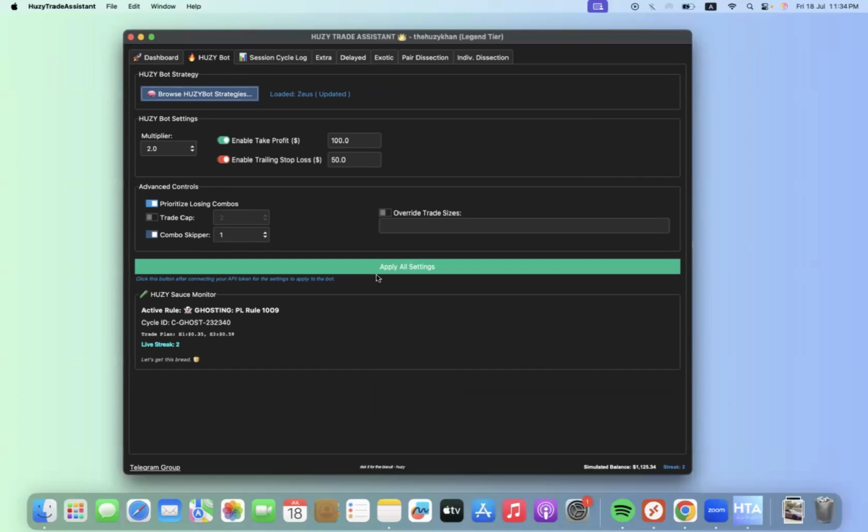And then after they lose, after they go on a losing streak, only then our actual trades start getting executed. So this is going to enable you to determine how many times you want a particular combo to lose in ghost mode, and only then you start entering into the markets.